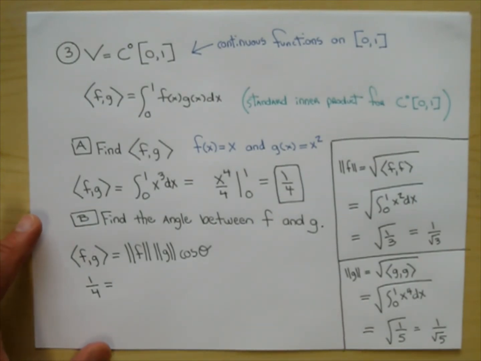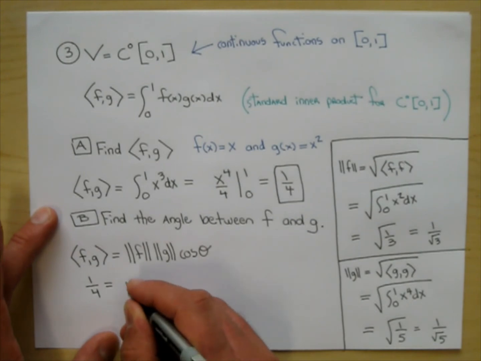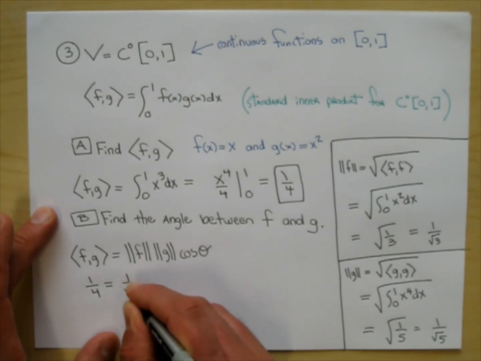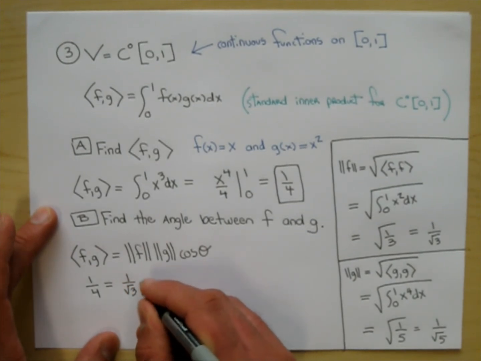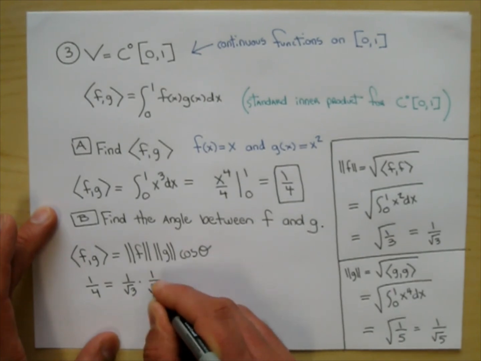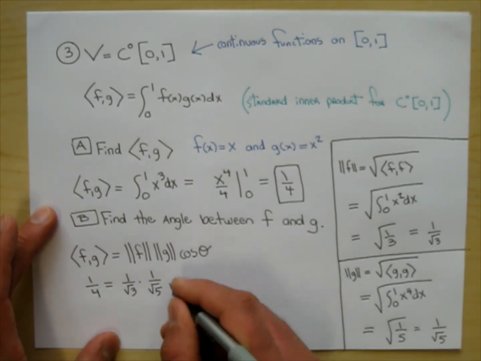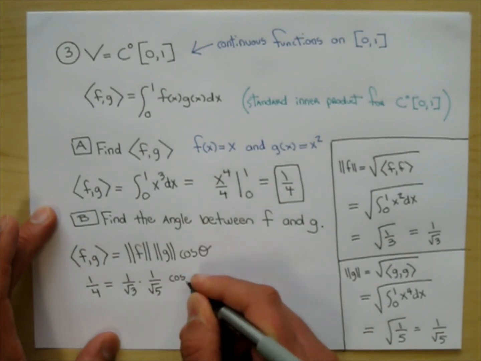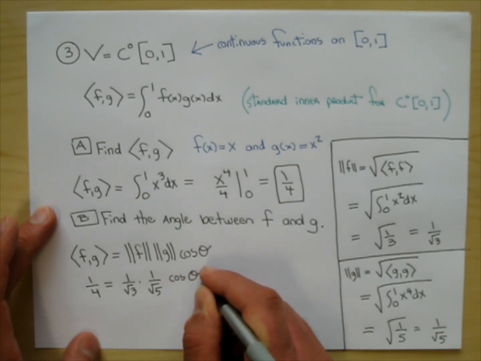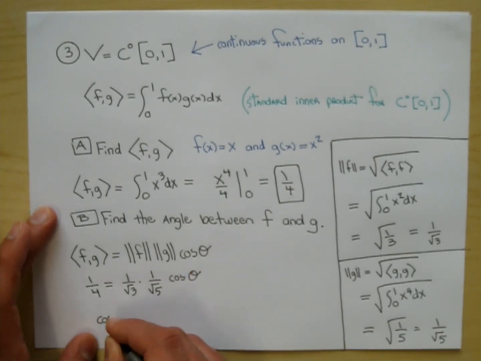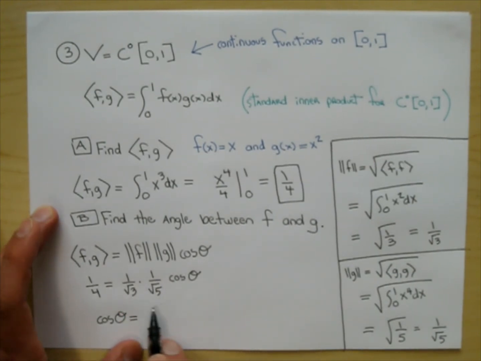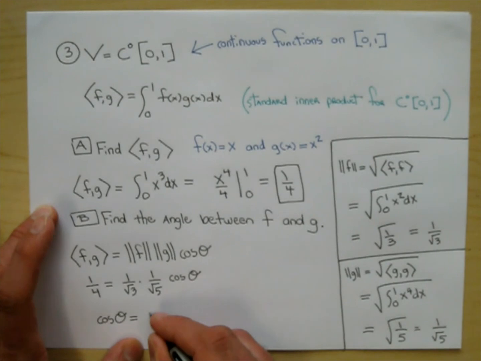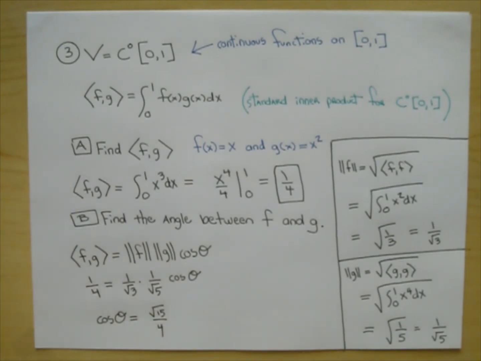Wow, so we have 1 over root 3, 1 over root 5, then we have cosine theta. So the cosine of theta actually equals, I'm just going to multiply those together, this is going to be the square root of 15 over 4.